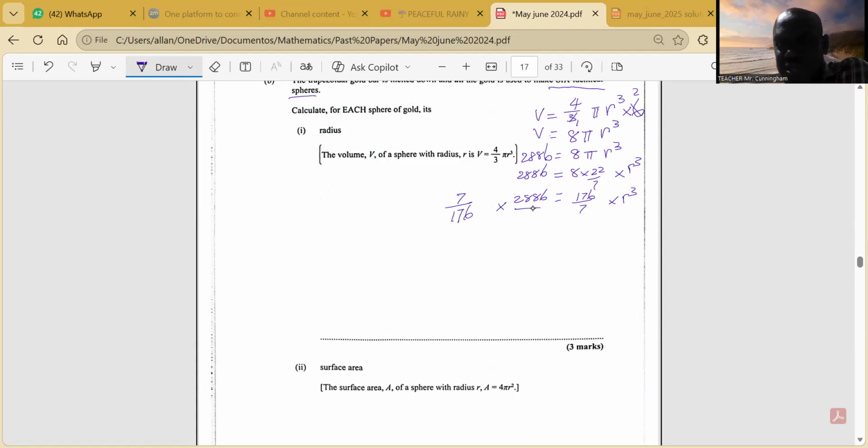Everybody understands that? If I multiply by 7 over 176, I will just get r to the 3rd here, because 7 into 7, 176 into 176. So I'll get that. So just multiply 2,886 by 7 divided by 176.